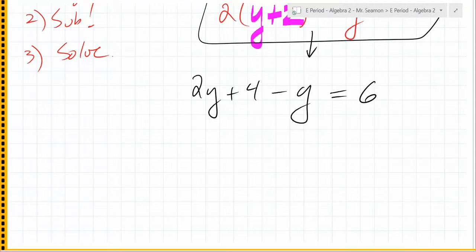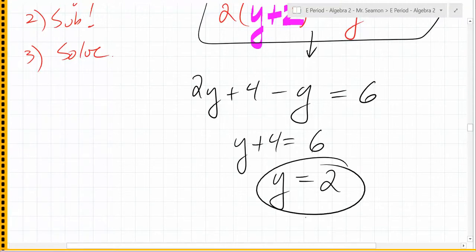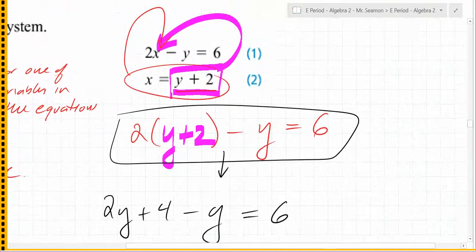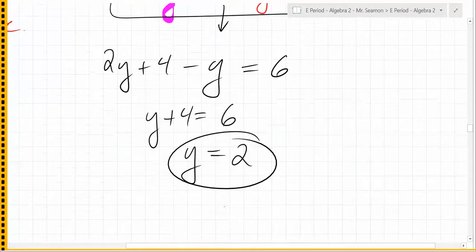We have 2y and minus y. How many y's do we have? So we have y plus 4 is equal to 6, so what does y equal? 2. Once you have y equals 2, we need to get x. How do we get x? Look, x equals y plus 2, and we know y is equal to 2. So x is equal to 4.